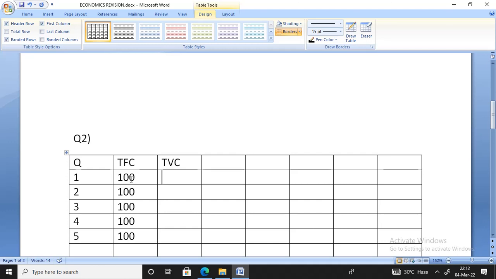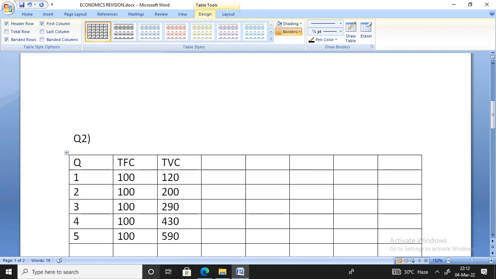Total variable cost starts with 120, then we come to 200, then 290. The next ones are 430 and 590.